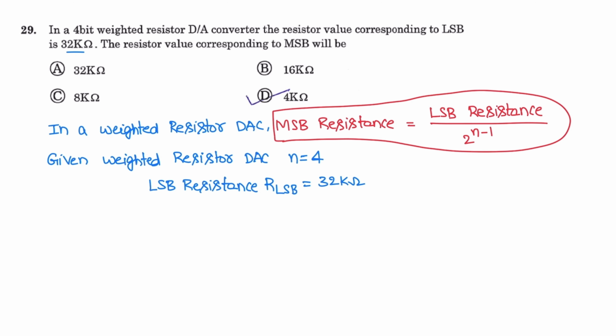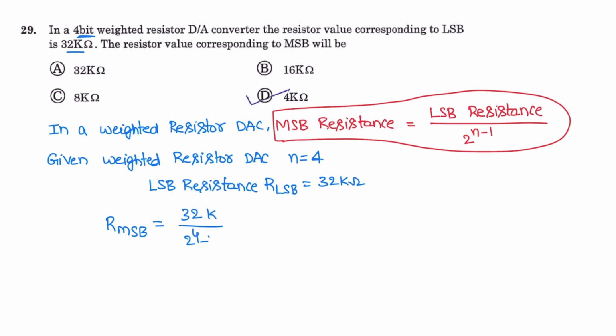Therefore, MSB resistance is equal to LSB resistance, 32 kilo ohm, by 2 power n minus 1. Here the number of bits n is 4, a 4-bit weighted resistor DAC. So that is 2 power 4 minus 1, 16 minus 1, 15.